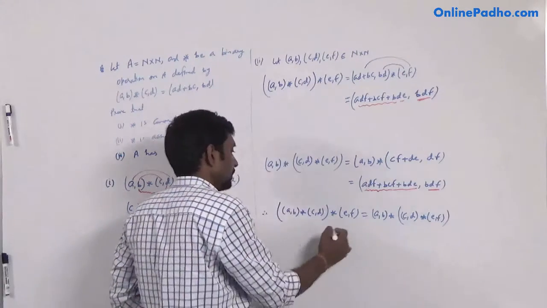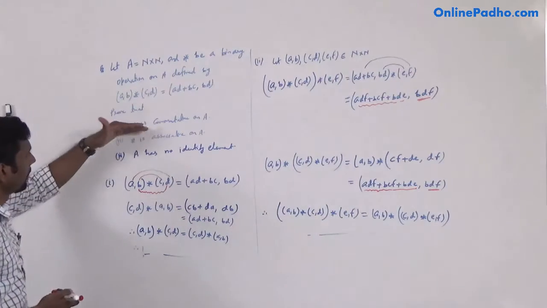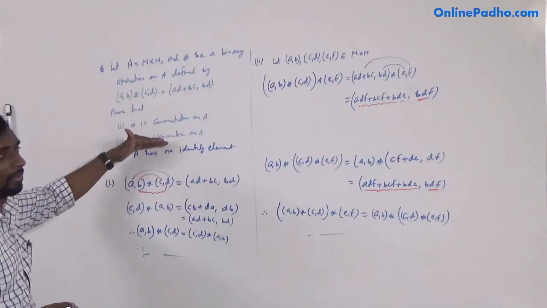Therefore the associative law is also applicable. Here the commutative law is applicable as well as the associative law.